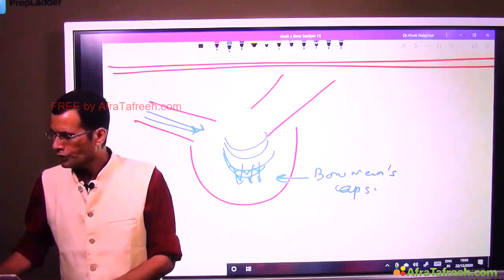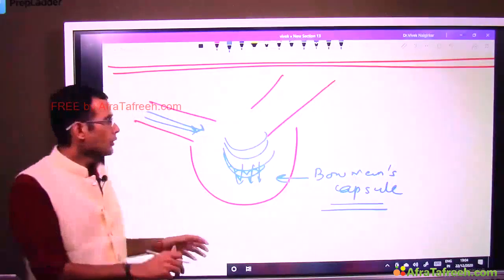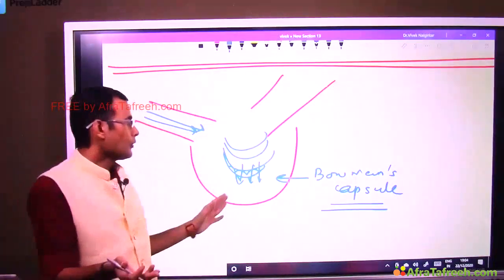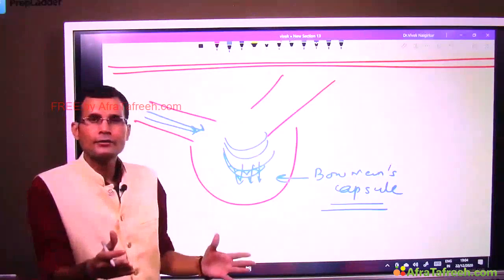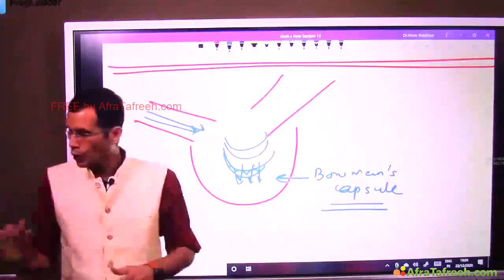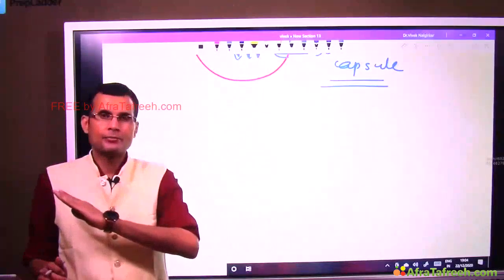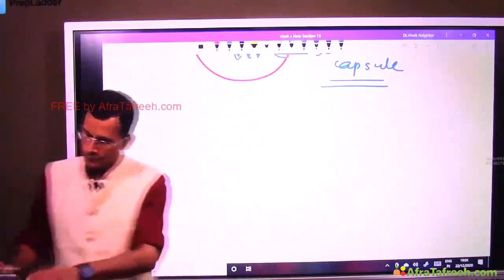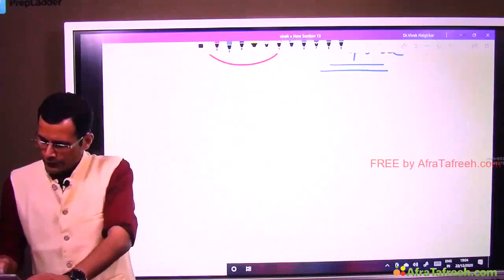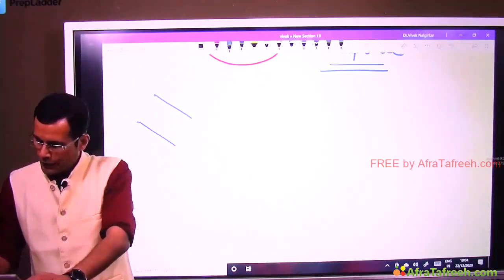So, which substances do not get filtered at the glomerulus? And why is that? Well, that is because of the so-called filtration barrier. Let's therefore see the filtration barrier.